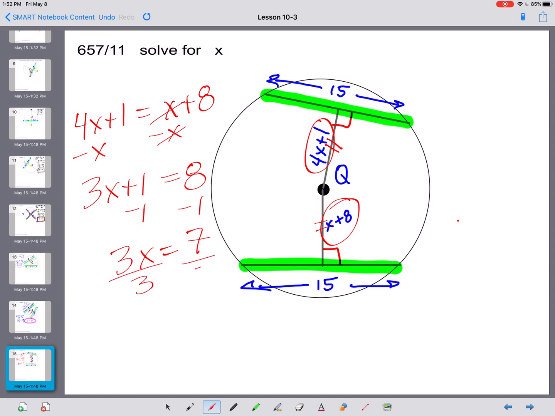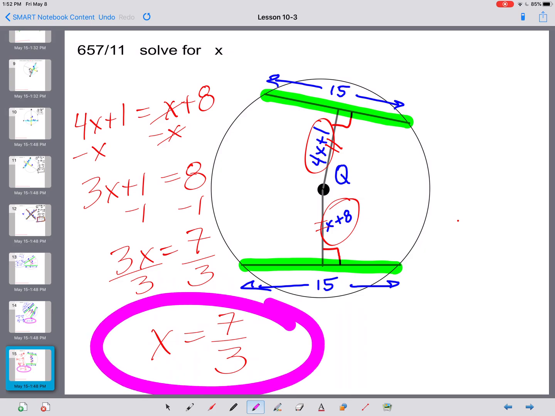Divide by 3, divide by 3. X equals 7 over 3. Can you get a fraction? You can, as long as it works in your problem. Okay, looking good. We set them up, subtracted an x, good. We got 3x, great. Subtracted a 1, we got 7. We're looking good. That's it.